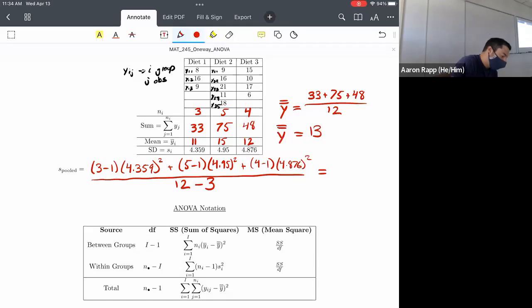So if you do this calculation, you'll get 210.025 divided by 9, which is going to give you 23.336.